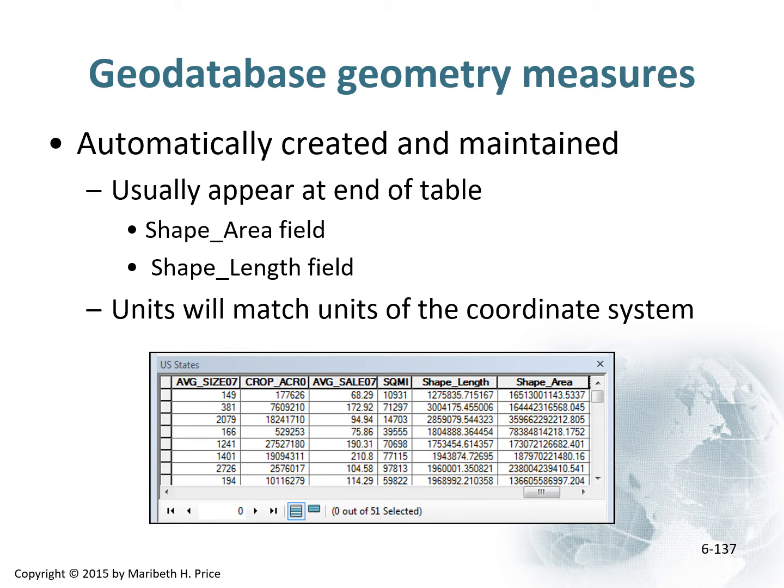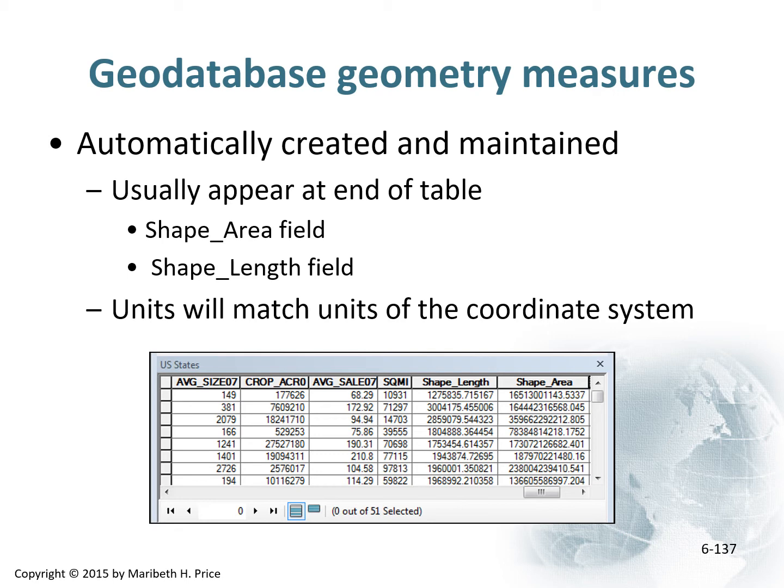Geometry: whenever you have a geodatabase and you have a feature class in it and you generate a polygon or a line or what have you, there are some measures of geometry that get created. Some of these are automatically created and maintained in feature classes in a geodatabase. Specifically, Shape_Area and Shape_Length are the automatic area and length fields that are created in feature classes in a geodatabase, and they are updated automatically.